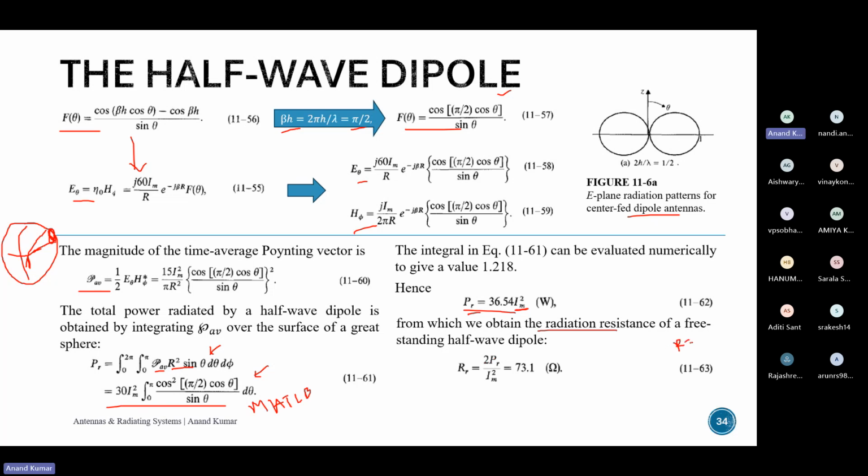Power is equal to half I square R, so this is the average power. So R is equal to 2P by I square. Upon doing that, we have Im over here, and this is 2PR. PR we have substituted from here. So we end up with 73.1. So this is the expression for the radiation resistance.